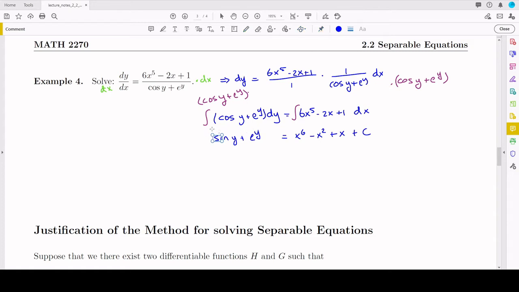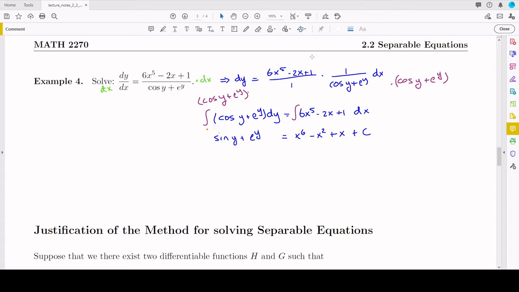This function cannot be explicitly solved for y, so we're just going to make this our final answer.